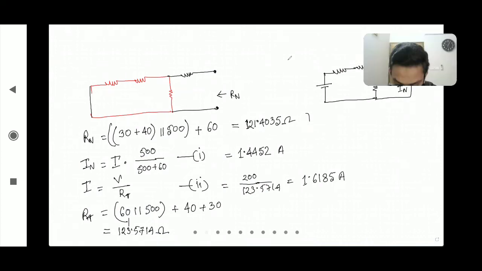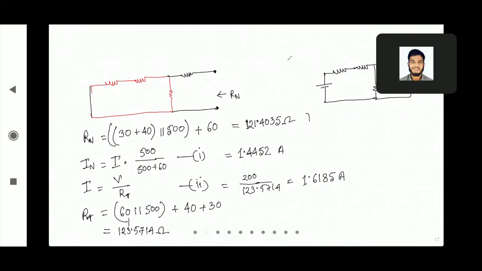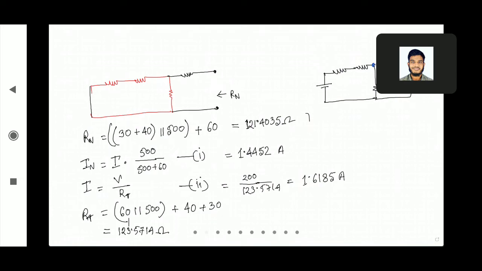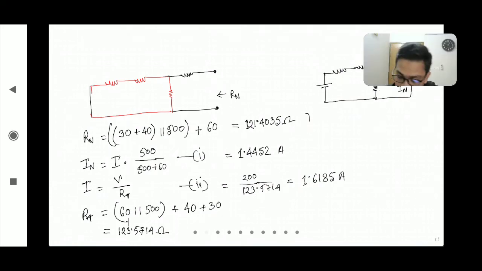No, no, we are finding the IN using the current divider rule. Oh yes, sir. Okay, sir, current divider rule.